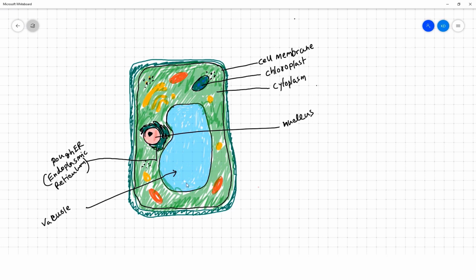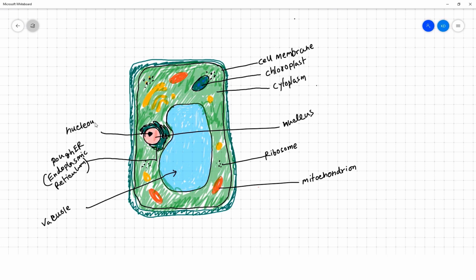What is rough endoplasmic reticulum and smooth endoplasmic reticulum? That is mitochondria, and mitochondria is the powerhouse of the cell. We all know about this. There is a ribosome, and this large vacuole.